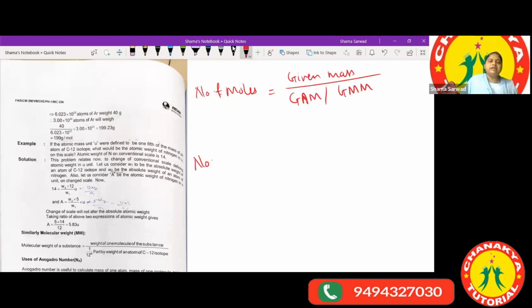Again, number of moles is equal to given number of particles upon Avogadro's number.